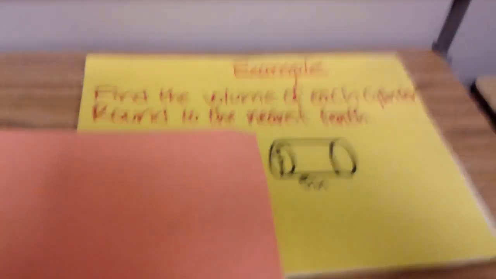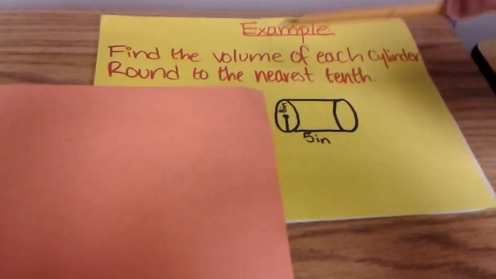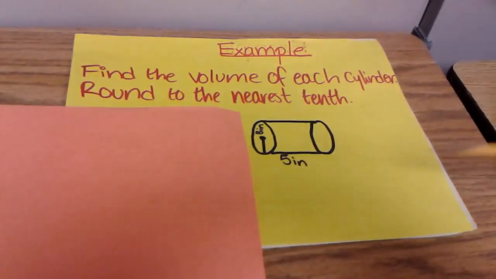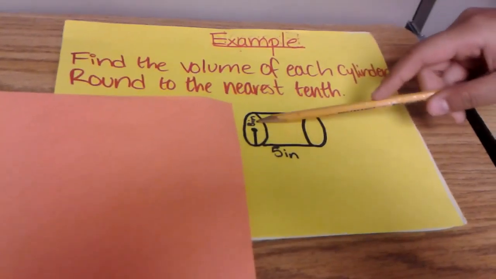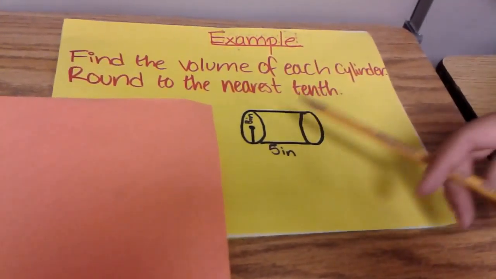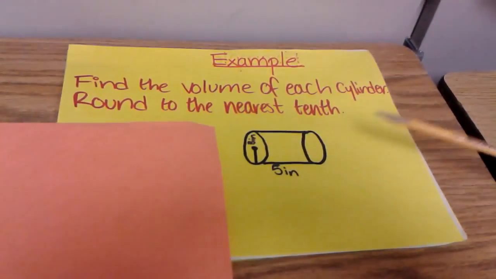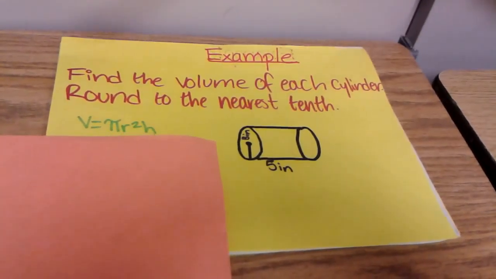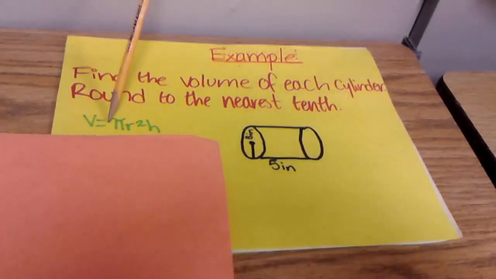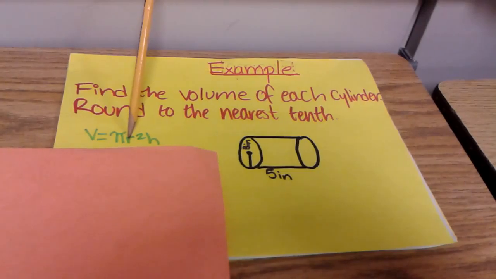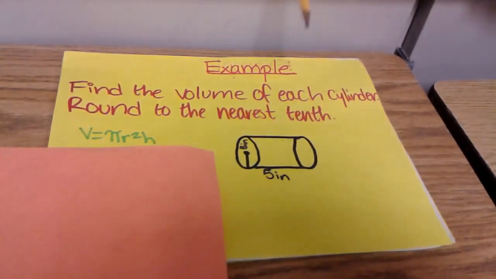Now, an example. Find the volume of the cylinder. Round to the nearest tenth. The radius of the cylinder's circular part is 3 inches, and the height is 5 inches. Now, we put in the formula, which is pi r squared times height.